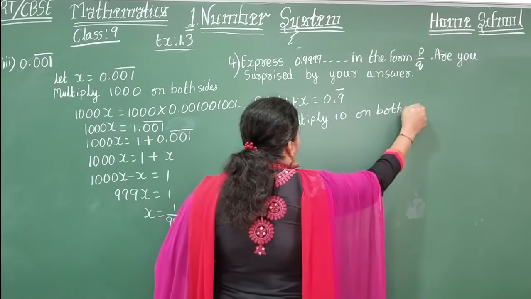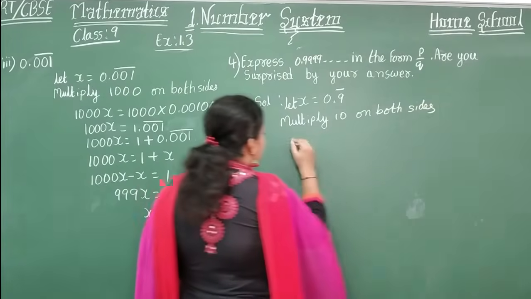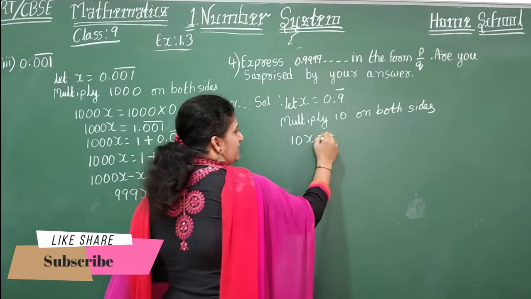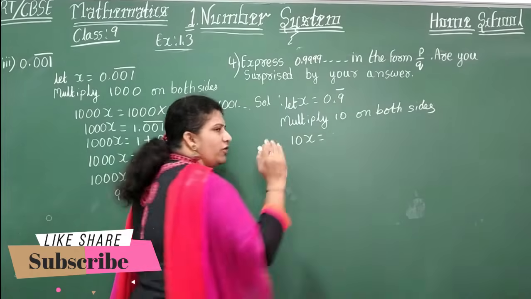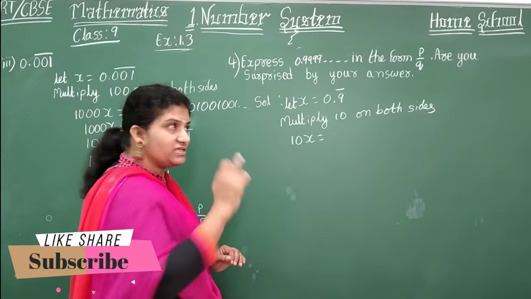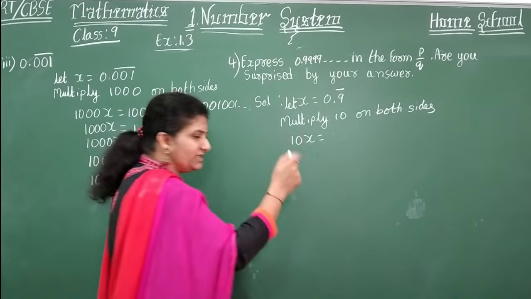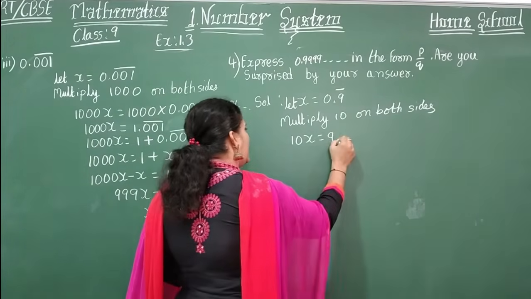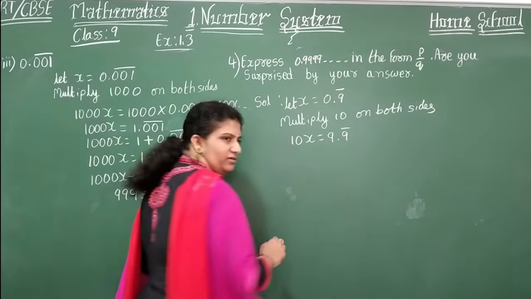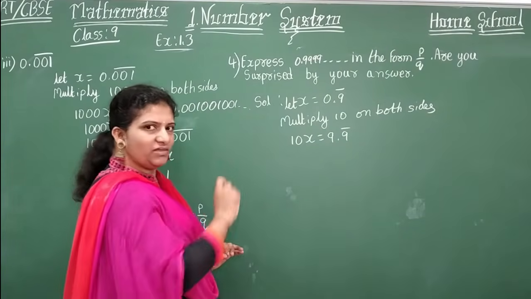It makes 10x is equal to 0.9999. What happens? 1 point will be shifted to after 1 digit. That makes 9.9 bar. Right? 1 9 came this side.